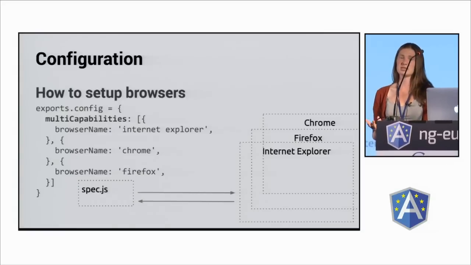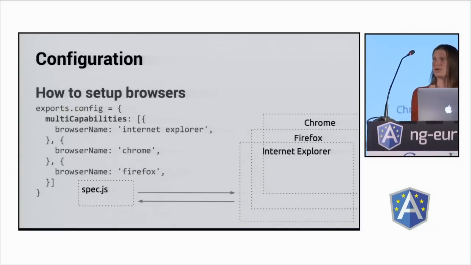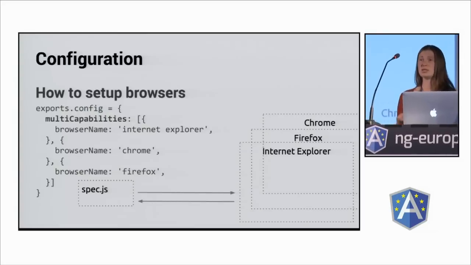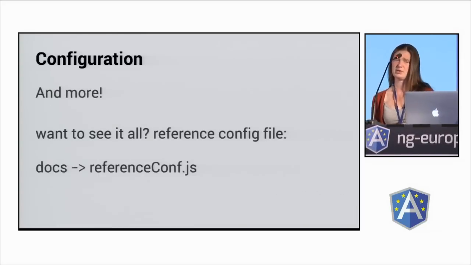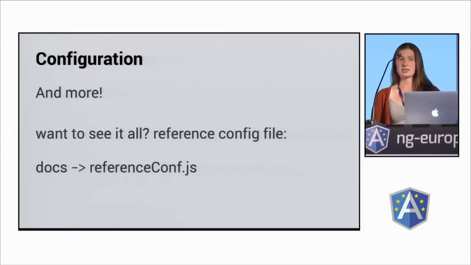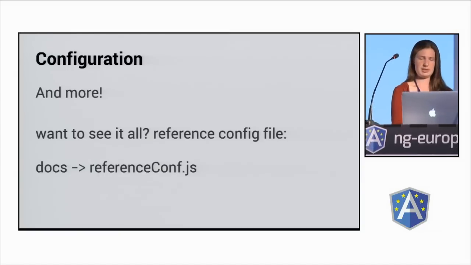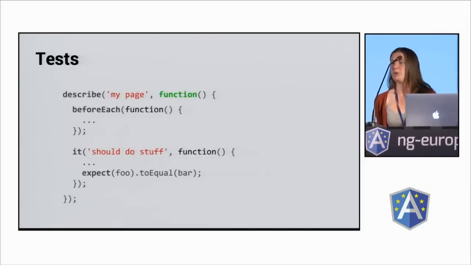You could also do things like shard your tests among browsers so that you're running one test file on the same browser in parallel to make everything go faster. And there's a whole bunch more options that I don't have time to talk about right now, but they're all in the reference config file, which is in our docs at referenceconf.js.